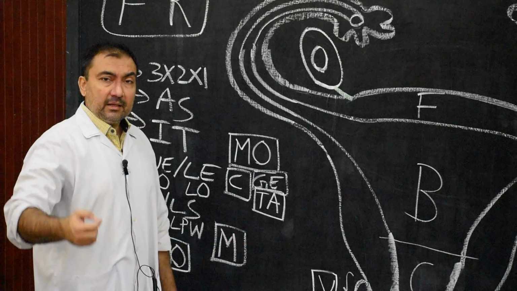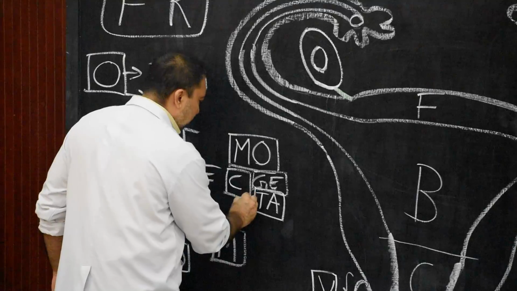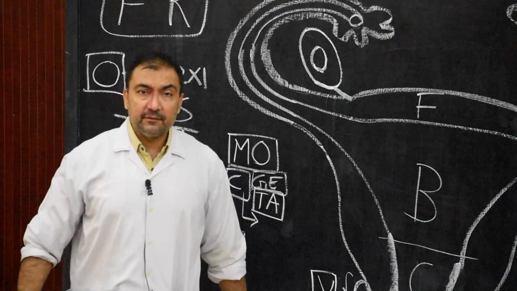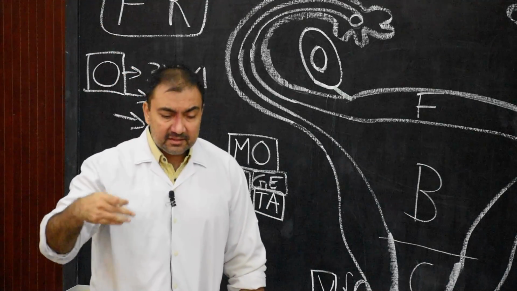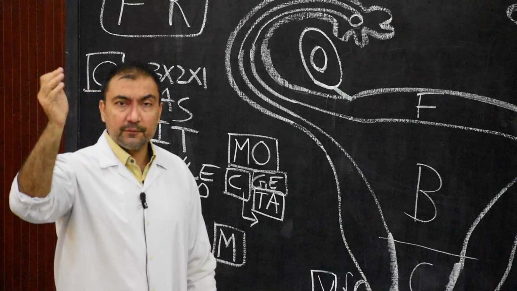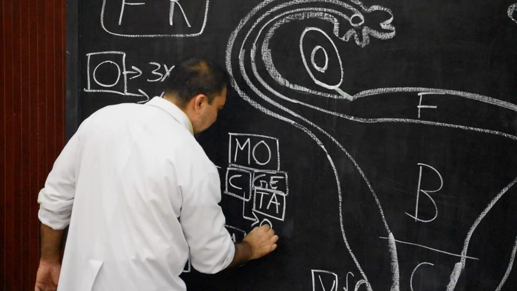Please note down. Beneath that, in the cortex only, there will be lots of ovarian follicles at various stages. So there will be different stages of ovarian follicles.